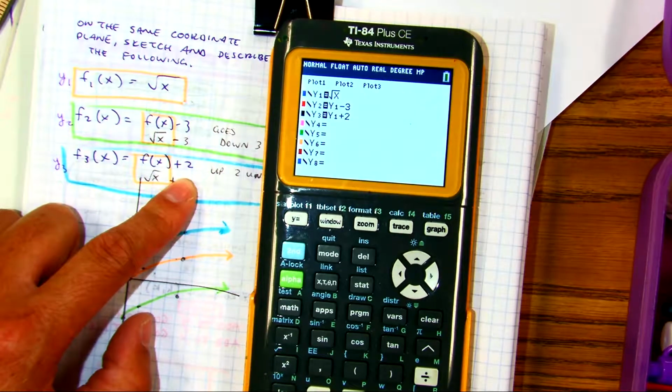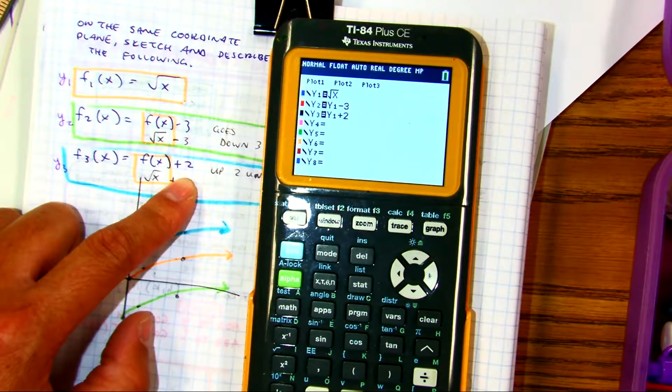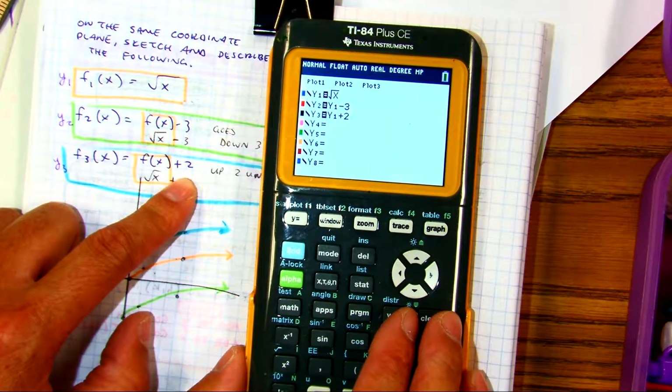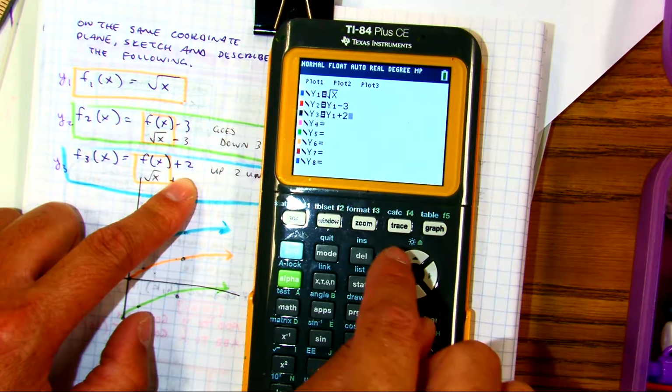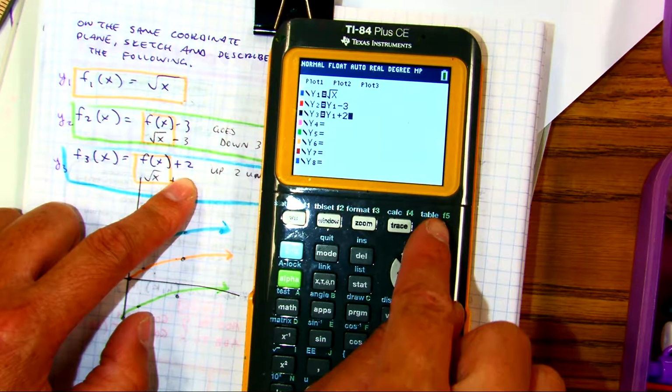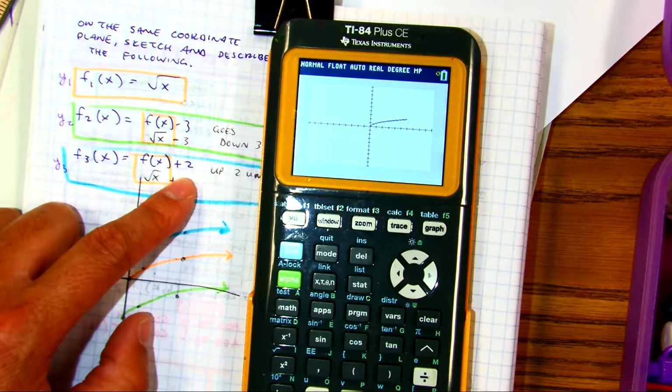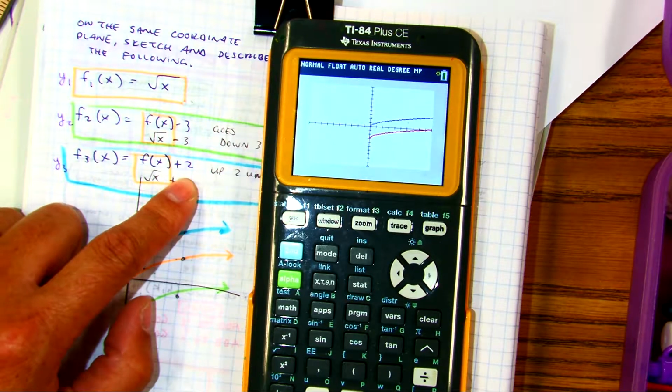If you need to, you can write down those calculator commands. And I press graph. There's the parent function. There's transformation down 3, and that one is shifted up 2.